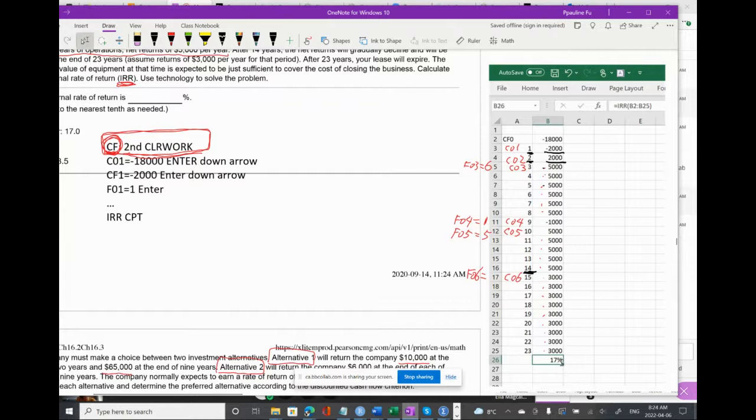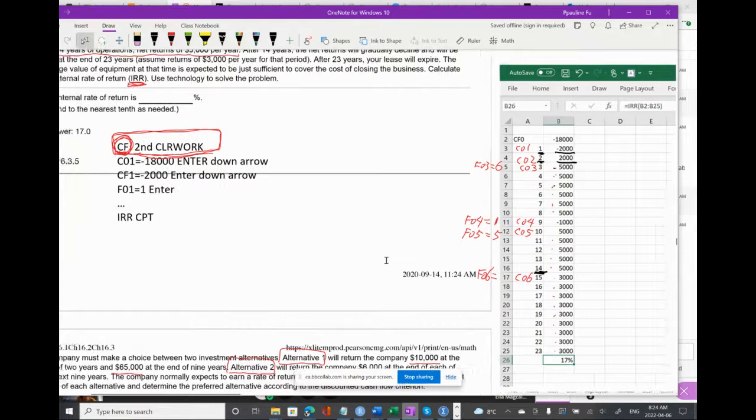You will get 17%. So in Excel, directly type equal IRR, select range B2 to B25, and you will get 17%. That is the Excel method.